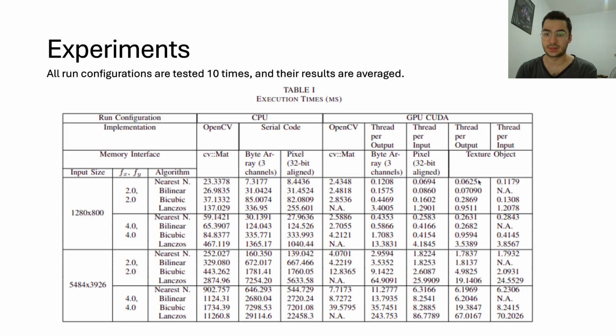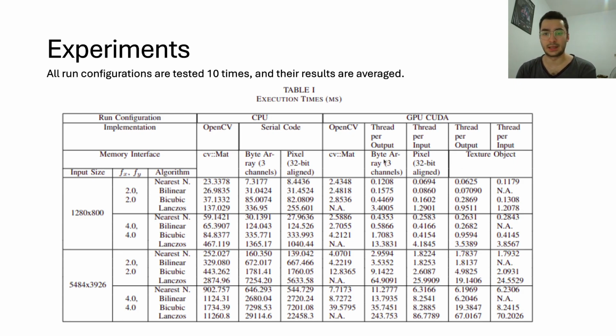I believe this is the case because we are just moving data around in nearest neighbor, and when this is the case, texture objects cannot show themselves, but when doing other calculations and loading more than one pixel per thread, texture objects' two-dimensional spatial caching shows its difference.